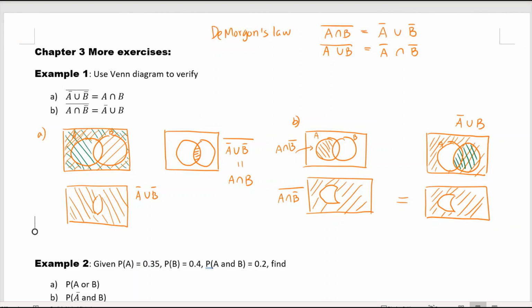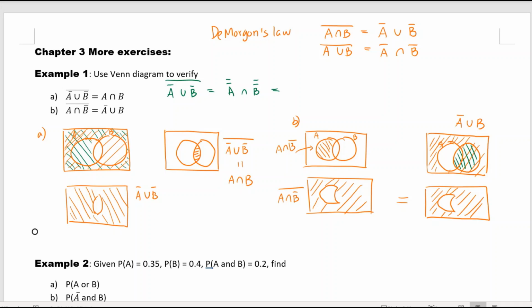Now, how do you verify whether those two expressions are equal? You can use De Morgan's law. You start on the left. When you distribute the complements, when you see union, it becomes intersection. And the complement is like a negative, so two negatives become positive, right?